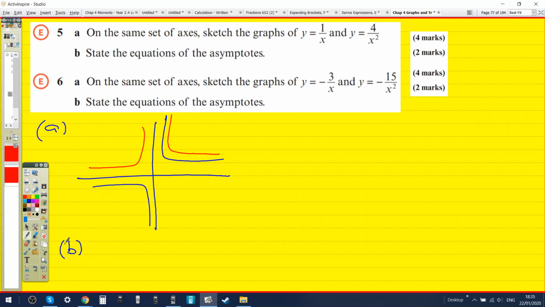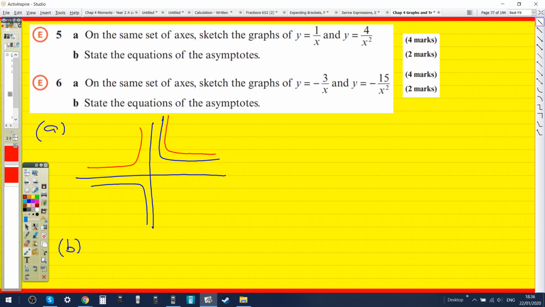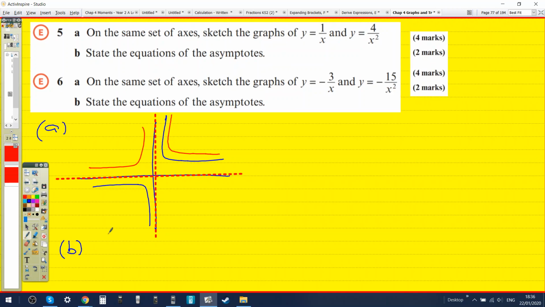The lines that they get close to but never touch. The line that they get close to but never touch is the x-axis, so that's that there, and also the y-axis. And so what is the equation of each of those lines, the x-axis and the y-axis?